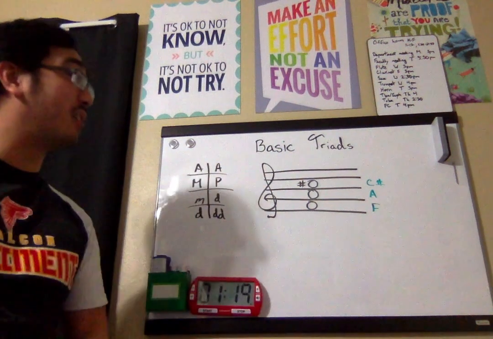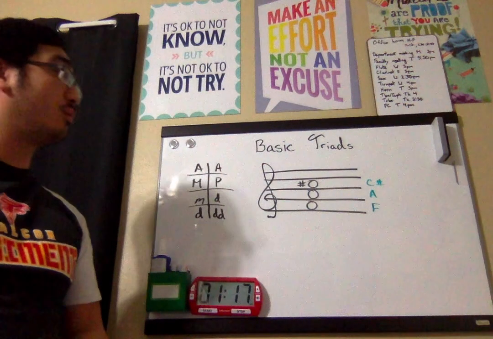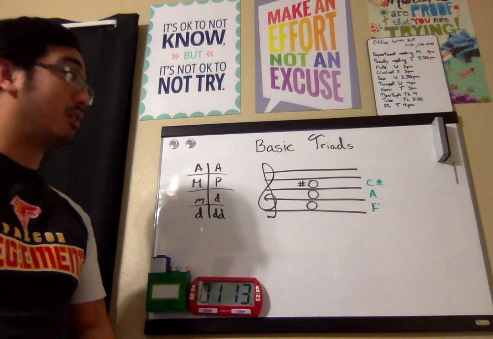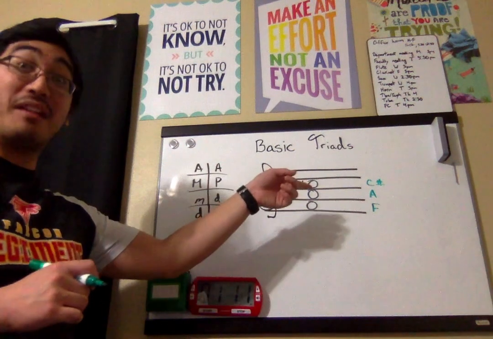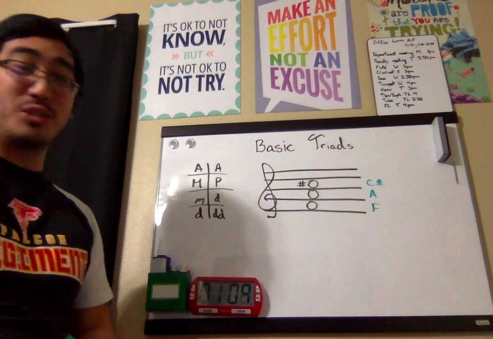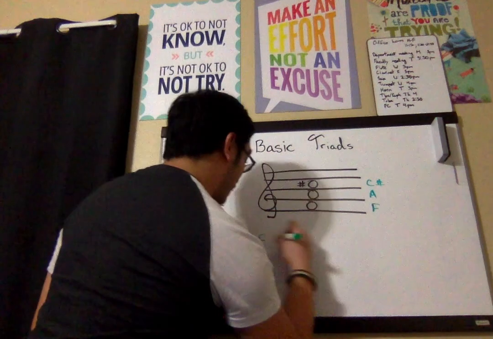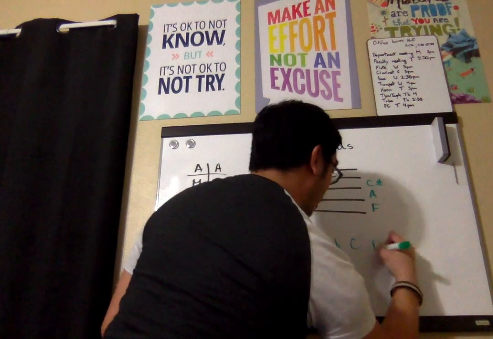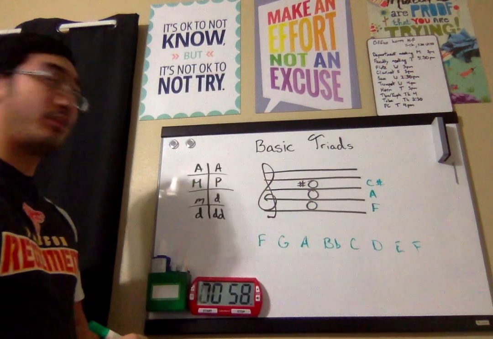Next, I'm identifying the keynote. Remember, all of these are in root position, so our root is the lowest note, F. So I'm going to build that major scale. One, three, five.